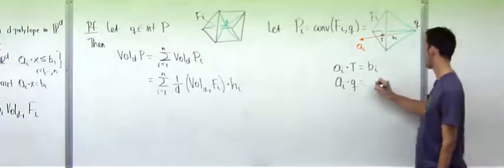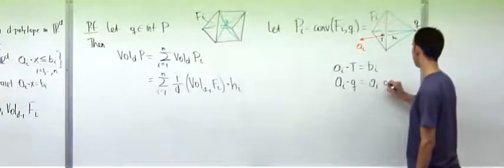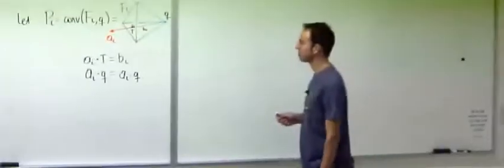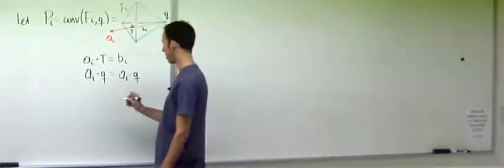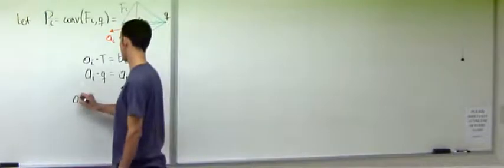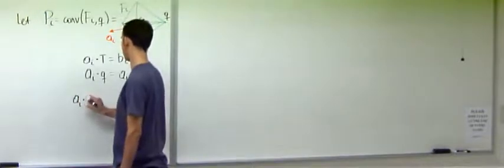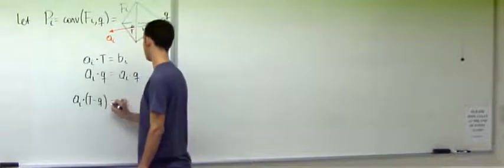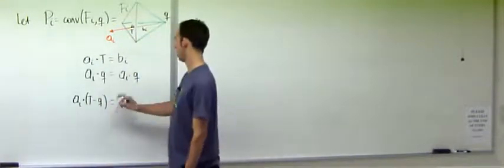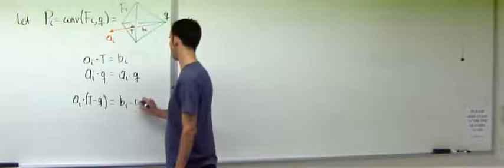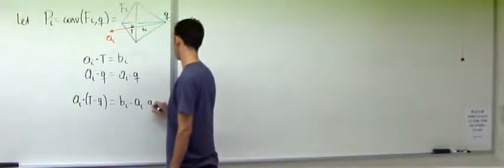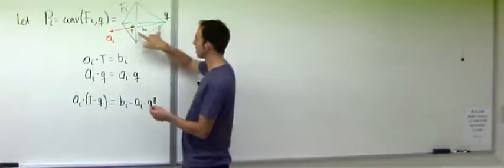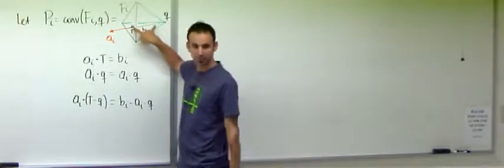So it's equal to ai dot q. It's not very smart. So then, ai dot (t minus q) is equal to bi minus ai dot q. Okay, but the point is that t minus q is this segment that we're trying to find the length of.